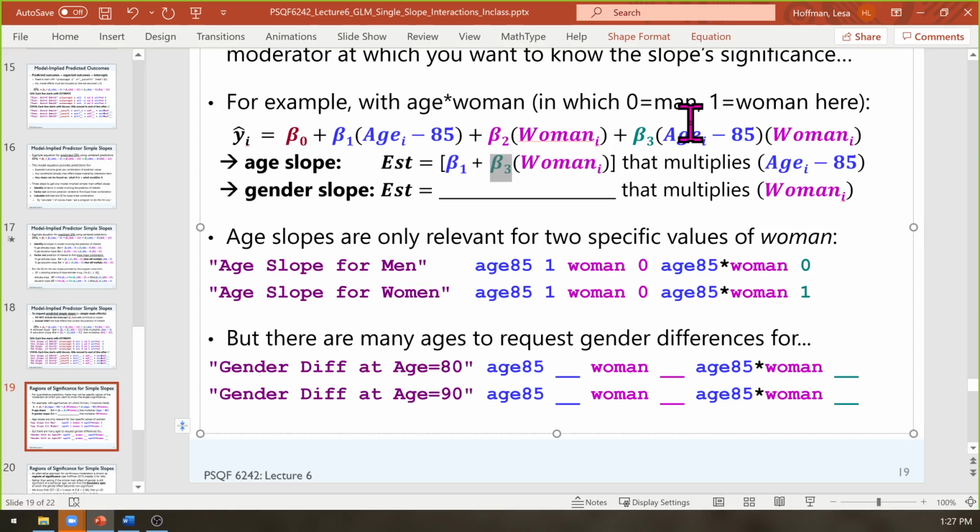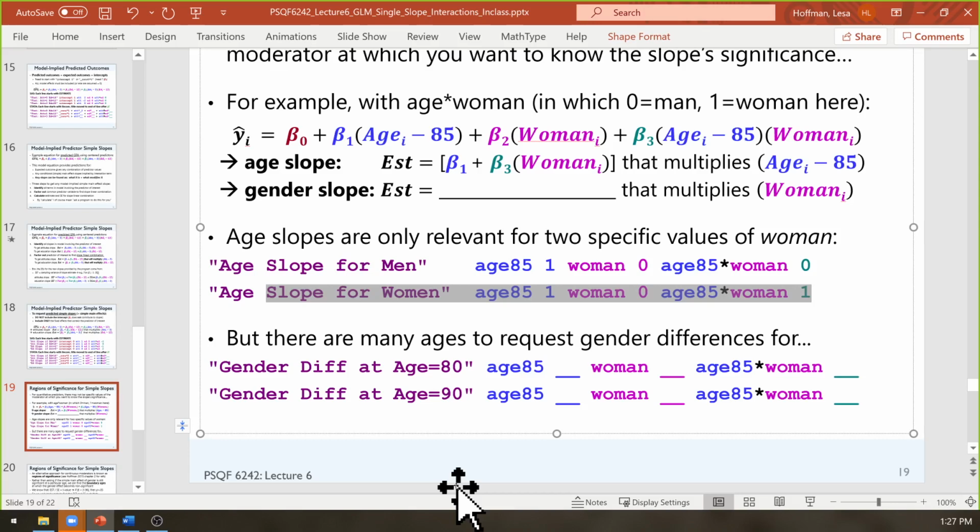So I know if the slope is significant for men, I know if it's different for women. What I don't know is what the age slope is for women. But it is just beta 1 plus beta 3, and so that's what this line here would be used for, to fill in that missing piece, the linear combination.